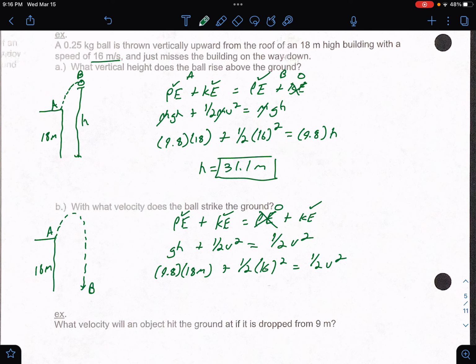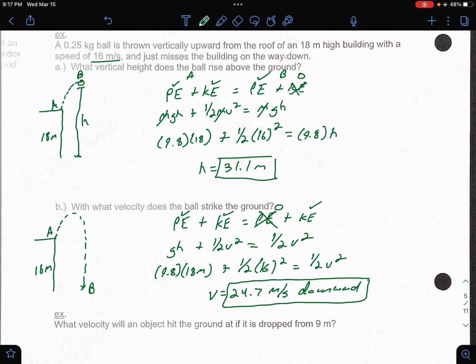Now I just have to solve for v and then square root both sides. So I get a velocity of 24.7 meters per second downward. Just remember, because velocity is a vector, you could either say negative 24.7 meters per second, or you can say 24.7 meters per second downward.